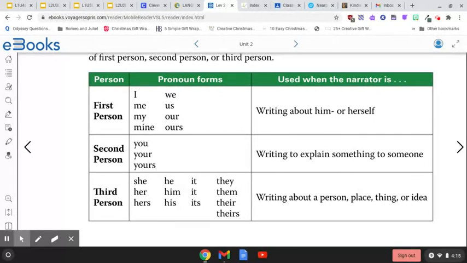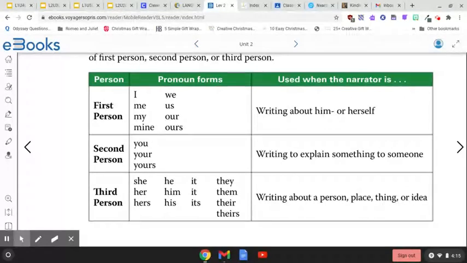When does a narrator or author use first person? What are your second person pronouns? The pronoun you can refer to more than one person and functions as the subject and object pronoun. When does a narrator or storyteller use second person?